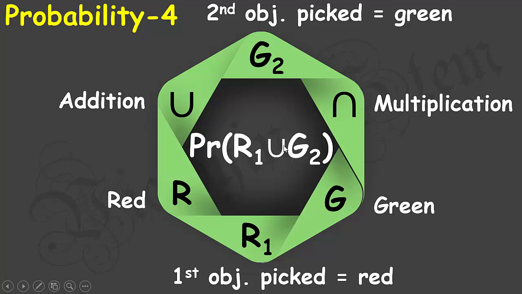Now, this symbol means union, and in probability it's used as or, and or implies addition. Take note, and is intersection and it implies multiplication. Union implies or, and or implies addition.